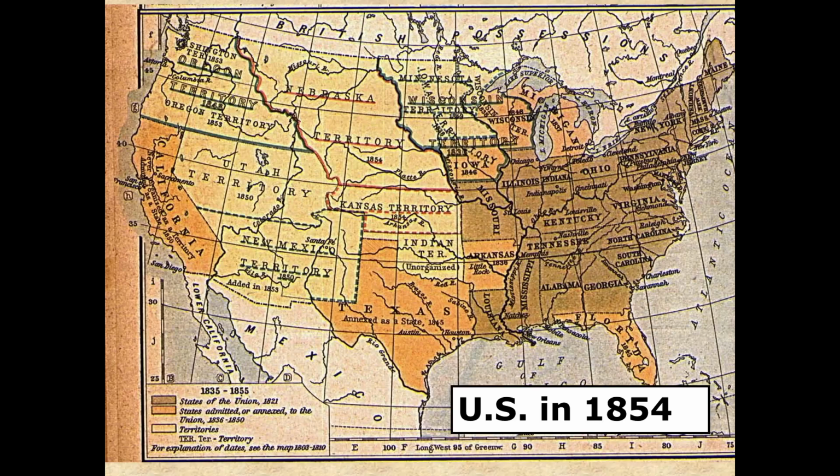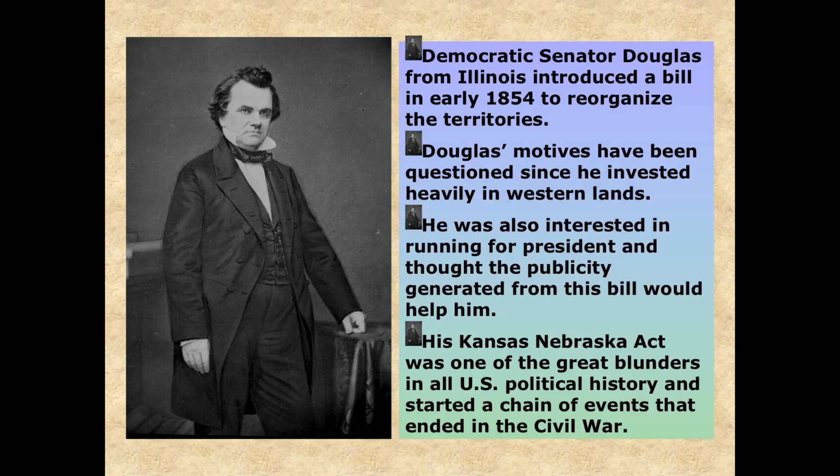And the person who's thinking of something else is Stephen Douglas. He's a Democratic senator from Illinois. And in 1854, he's going to introduce a bill that is going to reorganize those territories of Kansas and Nebraska. So, he's motivated because he is heavily invested in Western lands, and he knows that trying to do this for those areas will entice people to move over there.